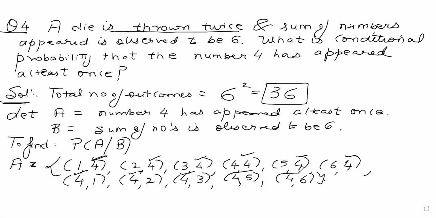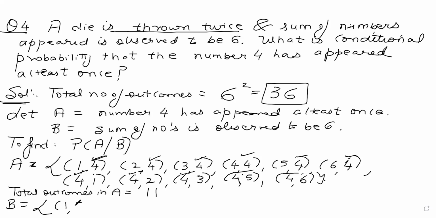So what are the total number of outcomes in A? I can say total outcomes in A are 1 2 3 4 5 6 7 8 9 10 11. What will the event B be? Sum of the numbers is 6.